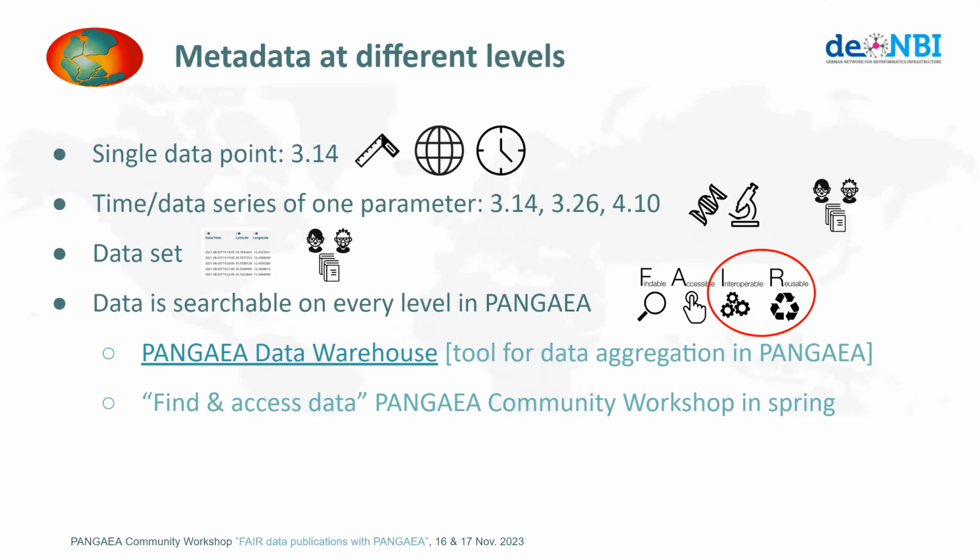The important part to remember is that we not only want the metadata to have a big and good description, but the data is then searchable on every one of these metadata levels in PANGAEA. That's the important part about the interoperability and reusability.